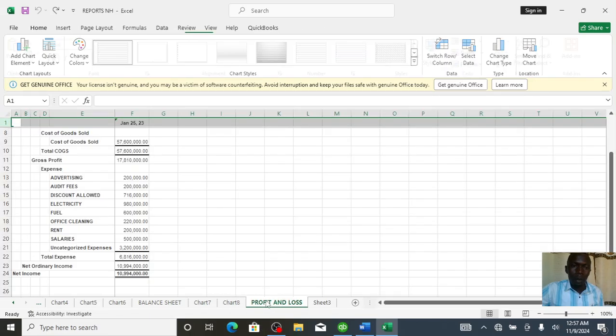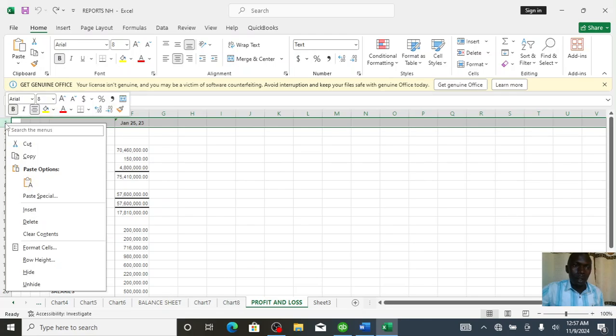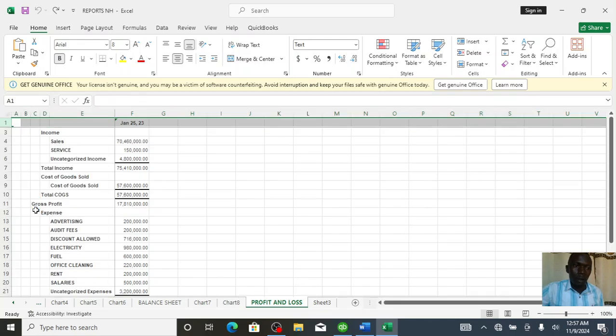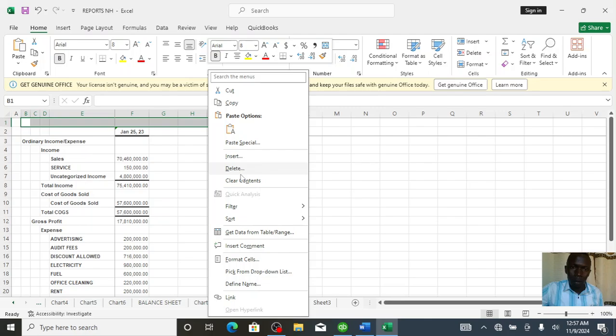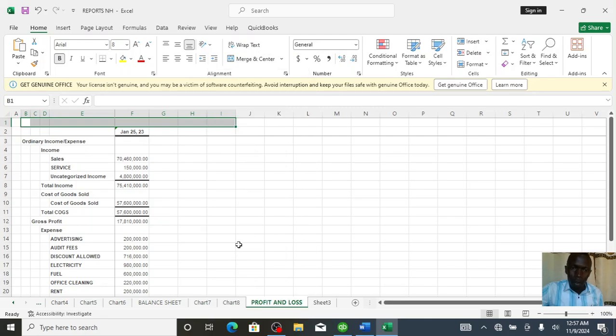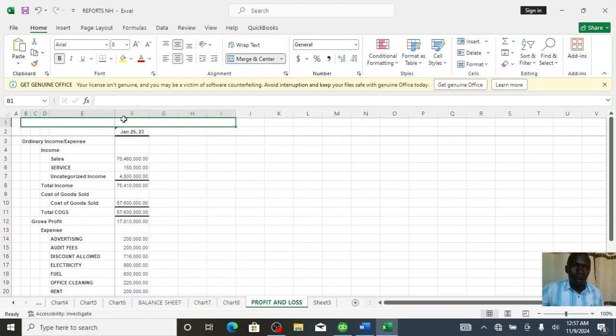So here our profit and loss, we put the heading, we insert a row, we merge these ones by insert format cells, go to alignment, go to center, merge cells, then OK.